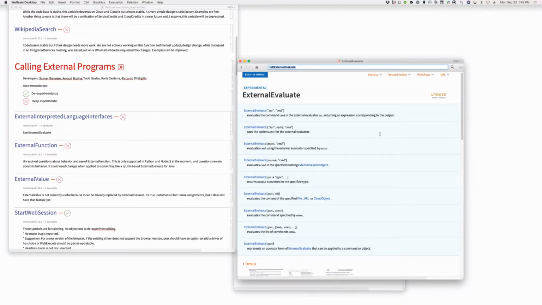At some point, we'll have enough languages where we say, okay, this is a good design. We don't expect major surprises, but I don't think we have quite enough languages. Well, your issue, for example, external function could work for languages like C and so on, which clearly external evaluate is not going to work for, at least not in any obvious way.